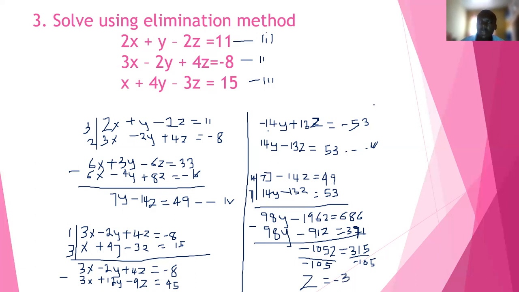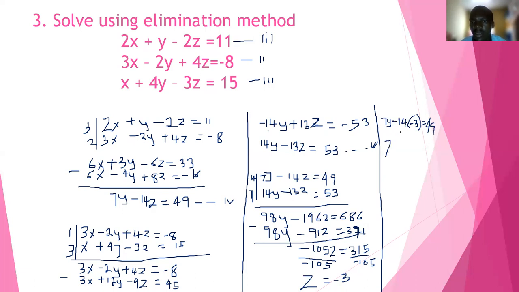If z is negative 3, we can now get y using one of the equations here. So we'll have 7y minus 14z, and z is negative 3, should be equivalent to 49.